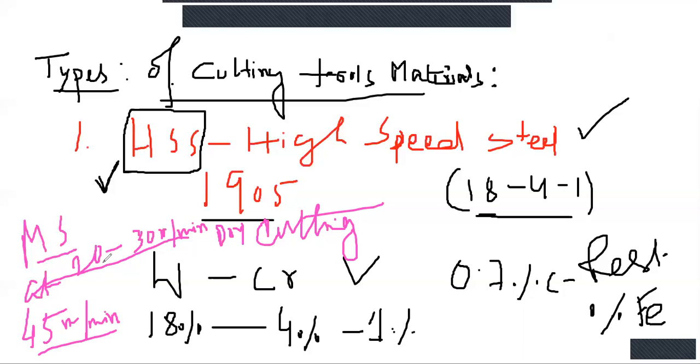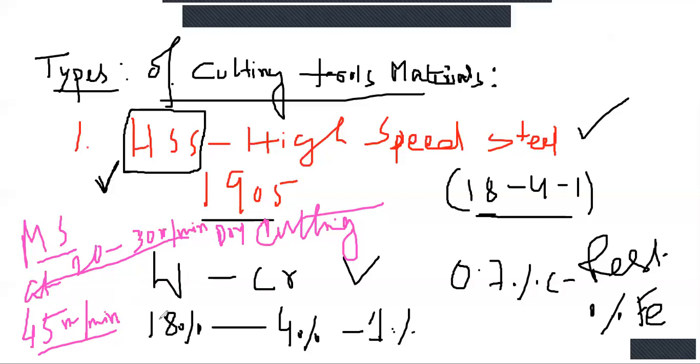In dry cutting, if we increase the speed to more than 30 meters per minute, there is a chance of high heat generation. So in dry cutting, the speed is always lower than in wet cutting. If we use coolant, the purpose of the coolant is to carry away the heat from the contacting surface of the tool and job material.